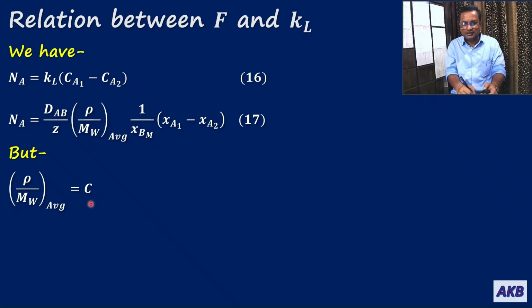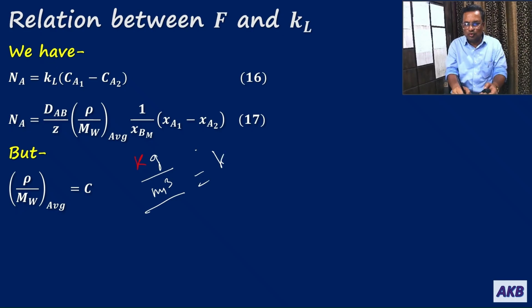So we will be replacing rho upon MW average with C, because density is kg per meter cube and divided by molecular weight, it will be kilomole per meter cube, which is nothing but the molar concentration.